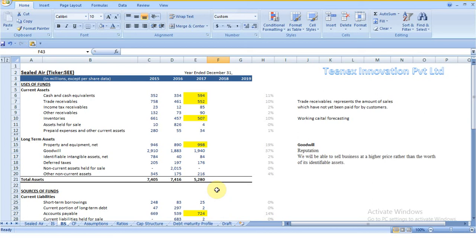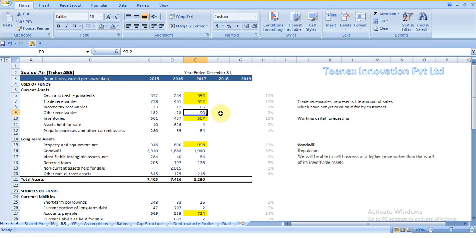For example, other receivables. This is a very small amount. It is just 2% of the total balance sheet size. So there is no benefit in spending too much time on this unless you think it is going to become a big number going forward.